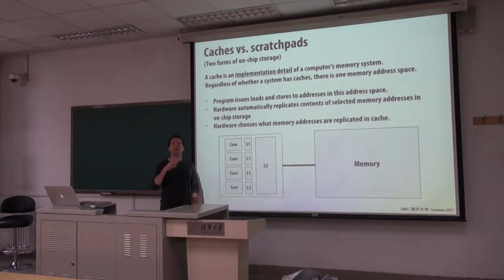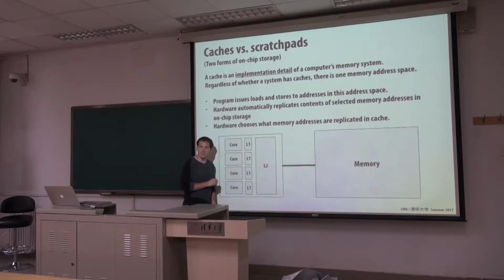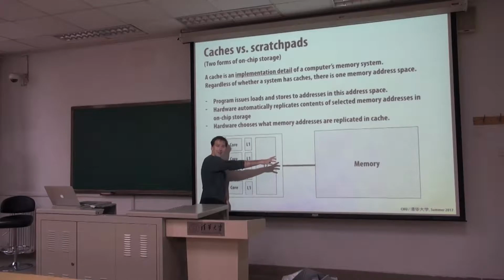If I took the caches out of a processor, your program would still run. It would just run more slowly, because your program does not know caches are there. The program just reads and writes from addresses, and sometimes the computer chooses to copy the data and keep it out of memory. The data at some address that's normally stored in memory is actually stored in cache.